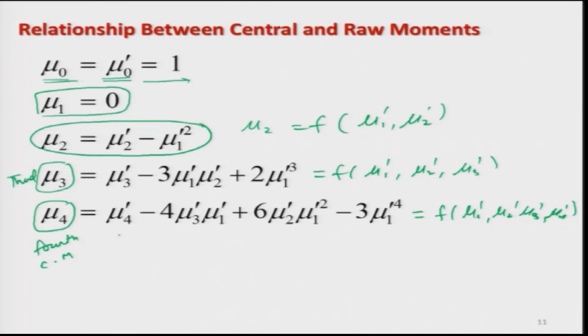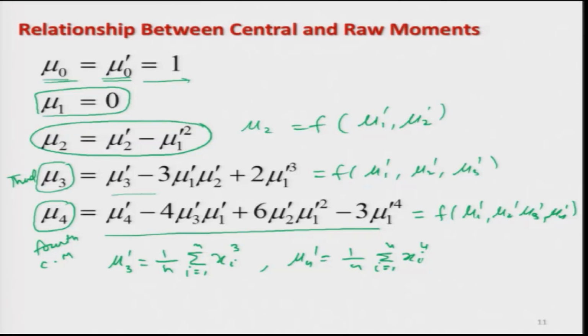And you may recall that mu 3 prime is nothing but 1 upon n summation i goes from 1 to n xi cubed, and mu 4 prime, which is the fourth raw moment, is 1 upon n summation i goes from 1 to n xi raised to the power of 4. So, you can see here the relationship of central moments and raw moments.